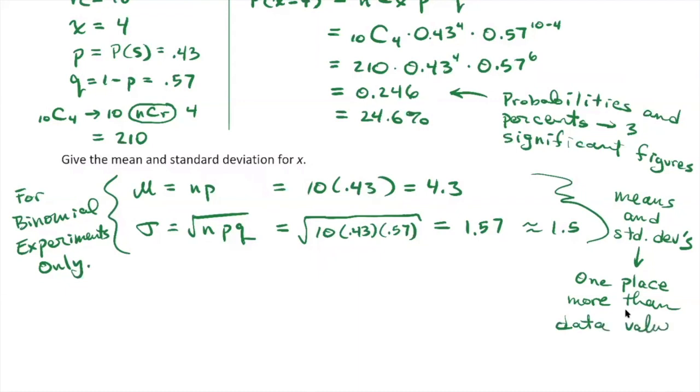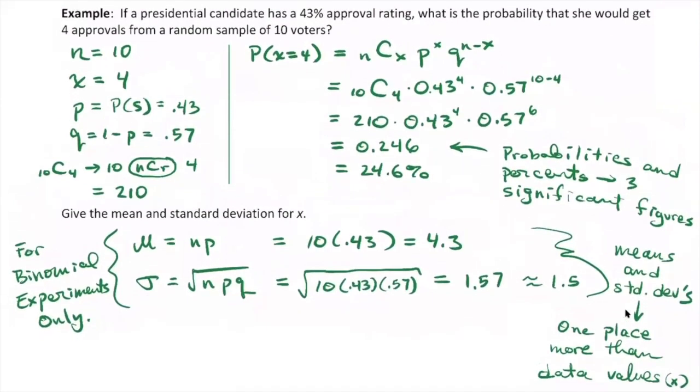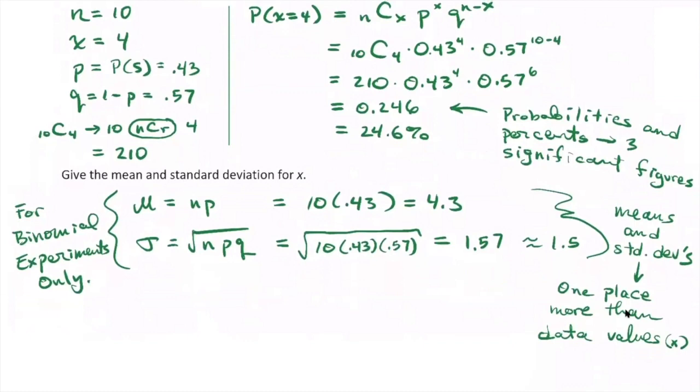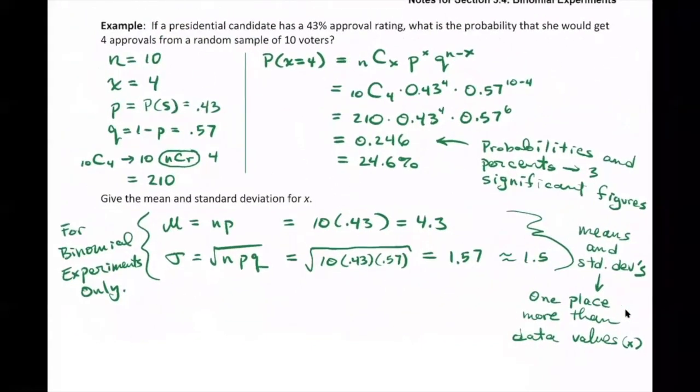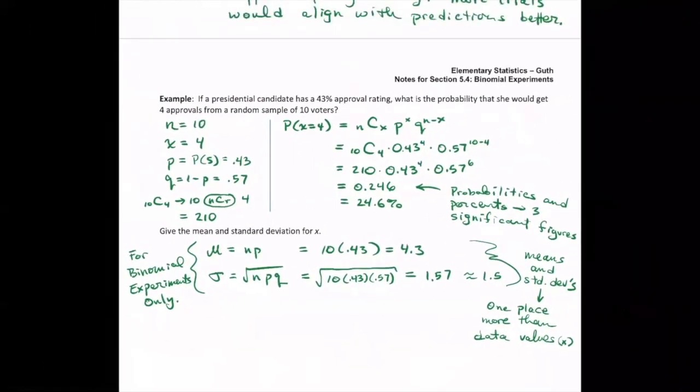And data values are always denoted by an X. So the values we're averaging are the number of approvals, and the number of approvals is a whole number. So your mean should have one place more than 0 places after the decimal. So you should have one place after the decimal, at least. You could do 2 if you want. And I screwed up, didn't I? So I rounded to 1.5, and of course that should have been 1.6.